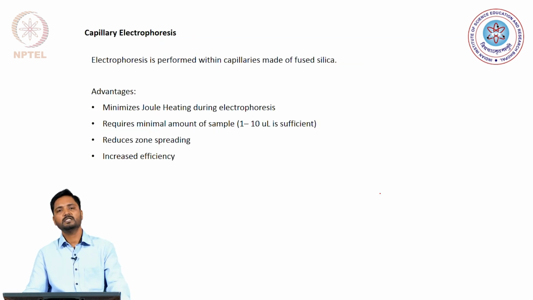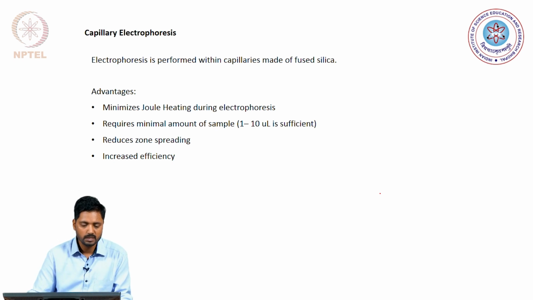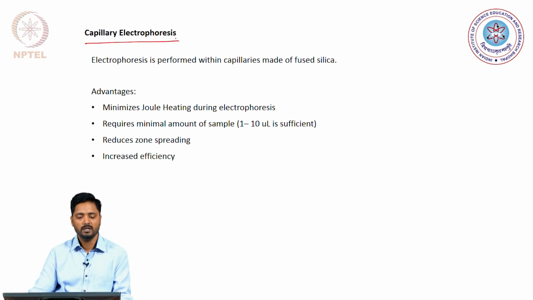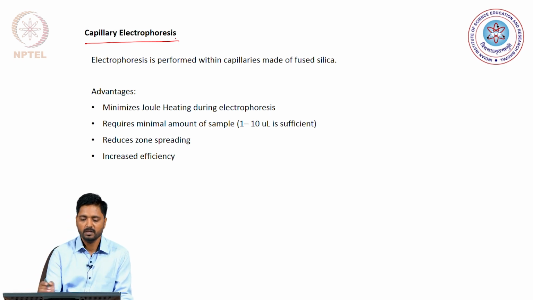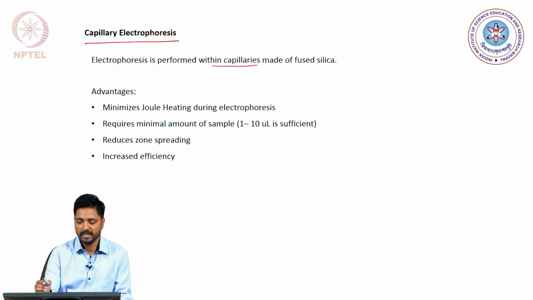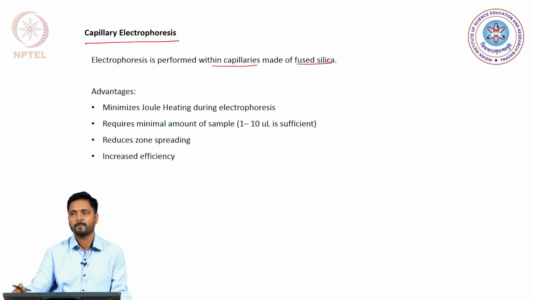So, this brought out the idea of capillary electrophoresis, where the electrophoresis is performed within thin capillaries which are made of fused silica. Now, why is fused silica used? Because it has good mechanical strength when thin capillaries are drawn from it.